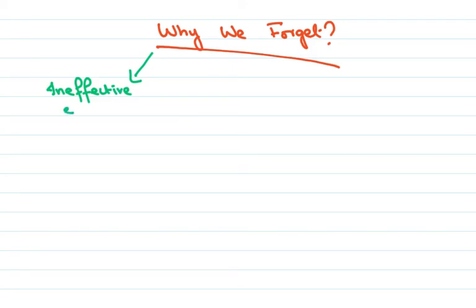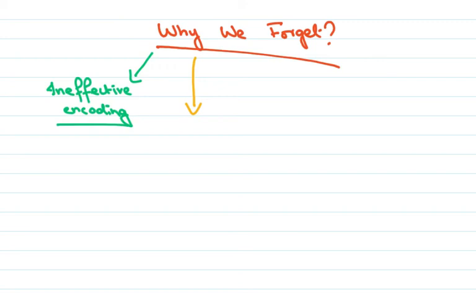If, for example, you are not paying attention, you are not forming an appropriate memory code, and then you will obviously end up forgetting the information. So if you do not pay attention during a lecture, you will not be able to remember it.